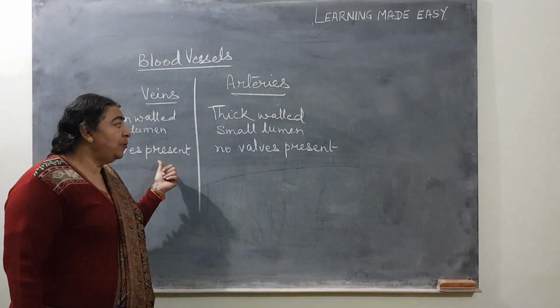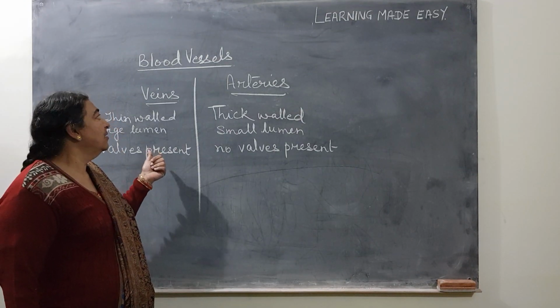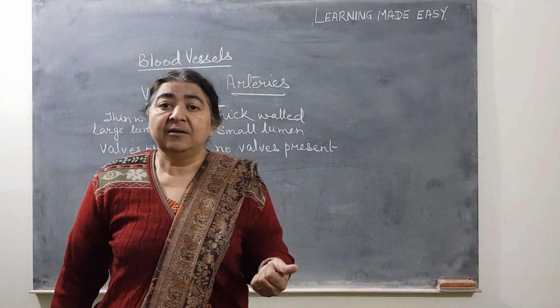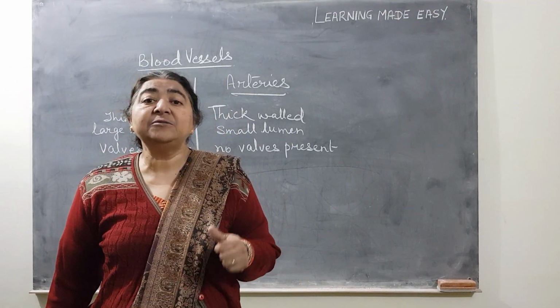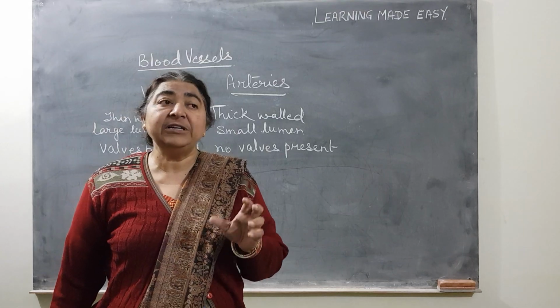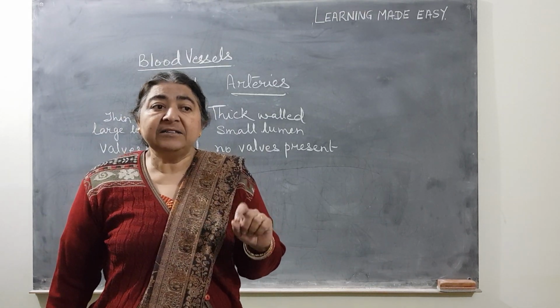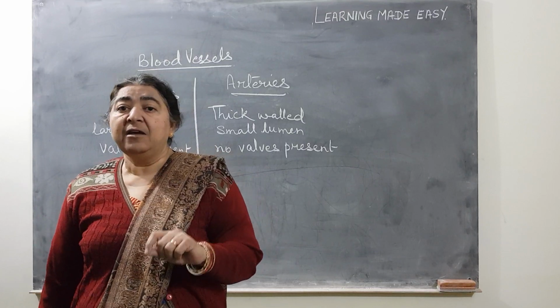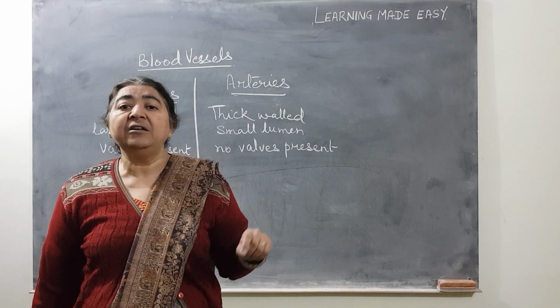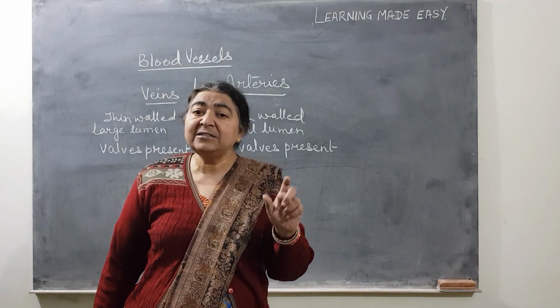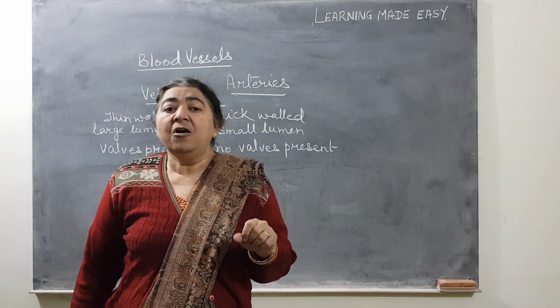I said veins carry blood from the body to the heart, and this is why it is called pulmonary vein. Although it is carrying oxygenated blood, it is named pulmonary vein because it is bringing blood from the lungs to the heart.